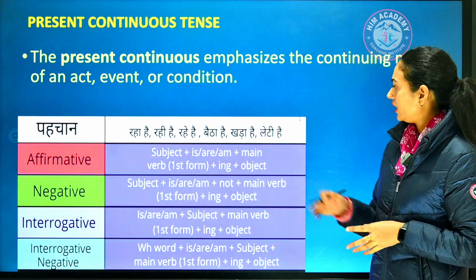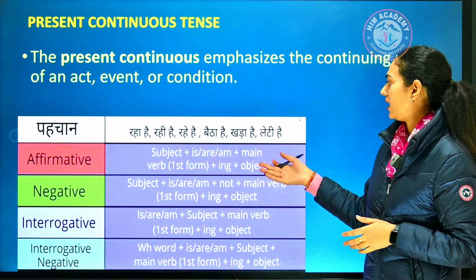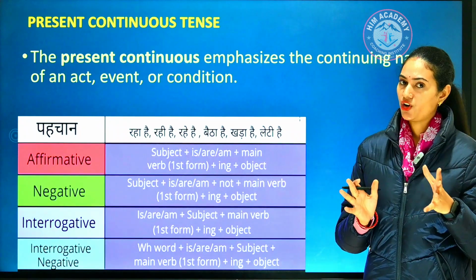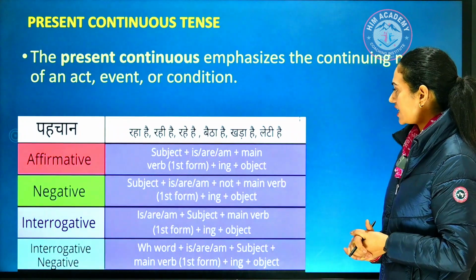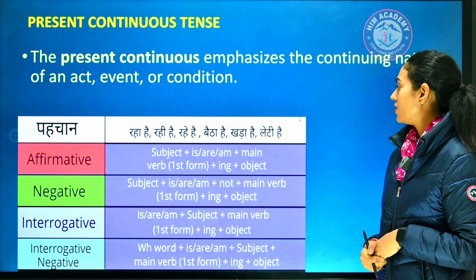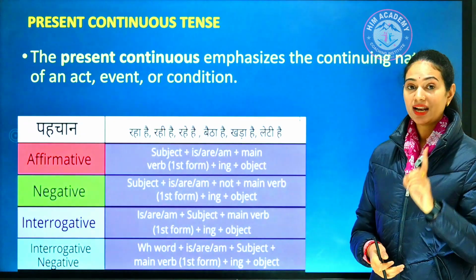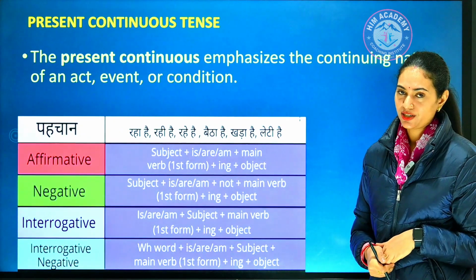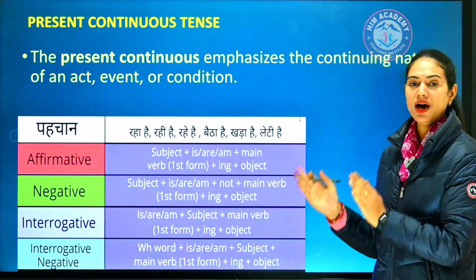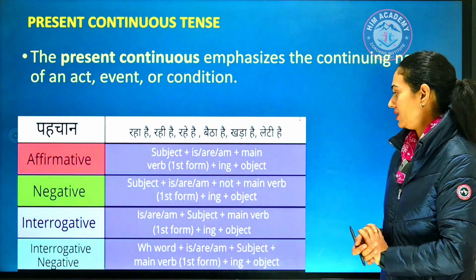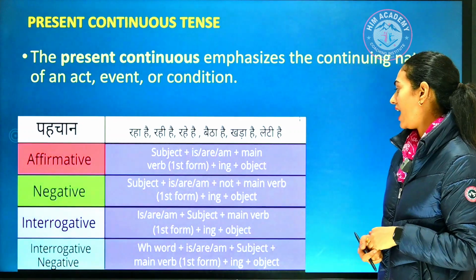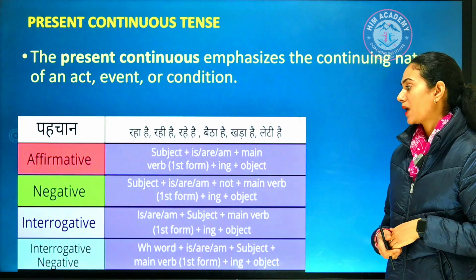So in Hindi, raha hai, rahi hai, rahe hain, baitha hai, etc. These all come in the present continuous tense. In affirmative, we always say subject plus is/am/are plus first form of verb, then ing and object. In negative, we say subject, is/am/are plus not, then main verb, then adding ing, and object also.